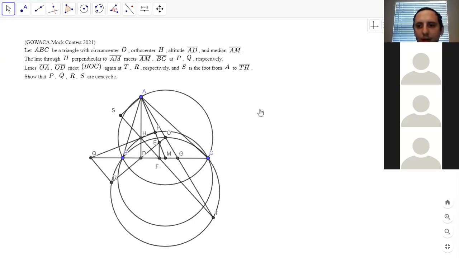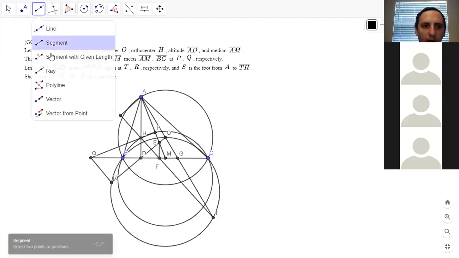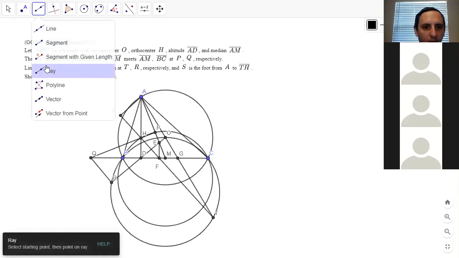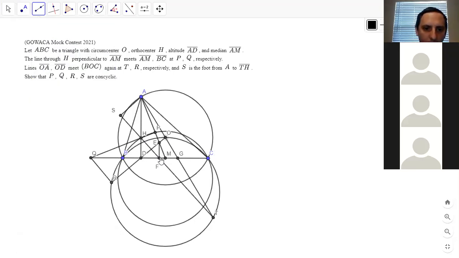Yeah. We could also prove OF and AD concur on the circle. Oh, really? That would solve it? Yeah, I think I see why that would solve it. But how to prove it? Yeah.